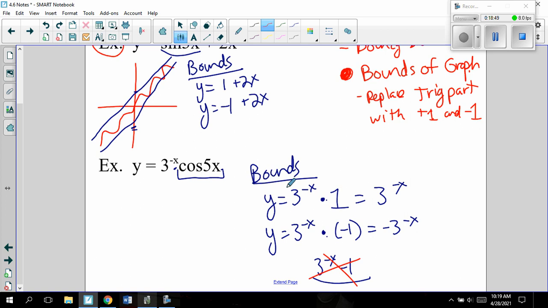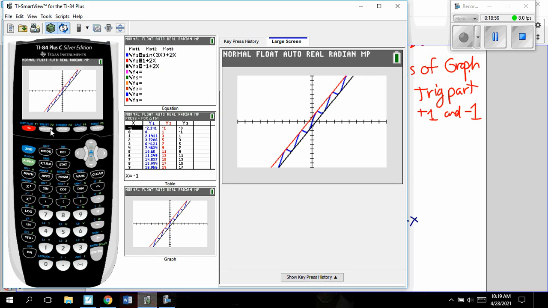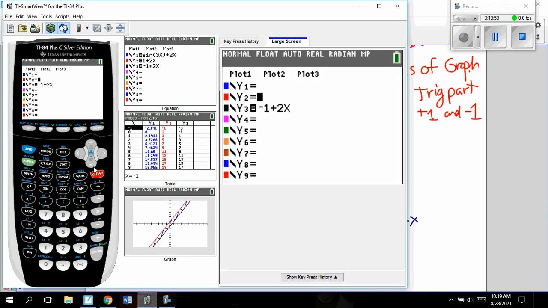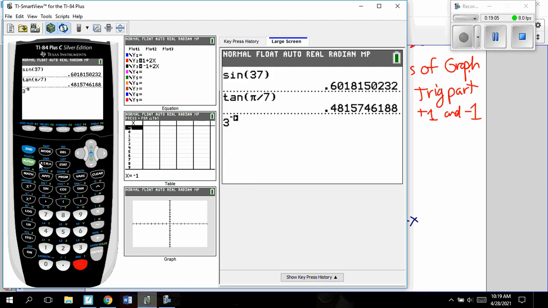Okay, so I'm going to go to my calculator in a moment here. We'll type in the equation and my dampened, and we'll show you how they all kind of line up. So y equals, I got to take everything out. So I had 3 to the -x power.